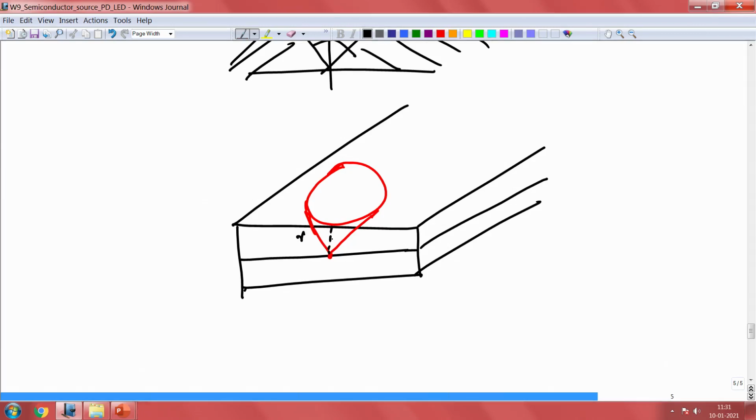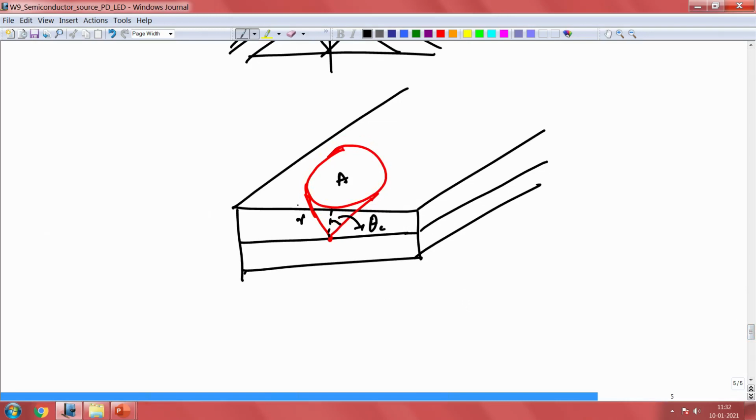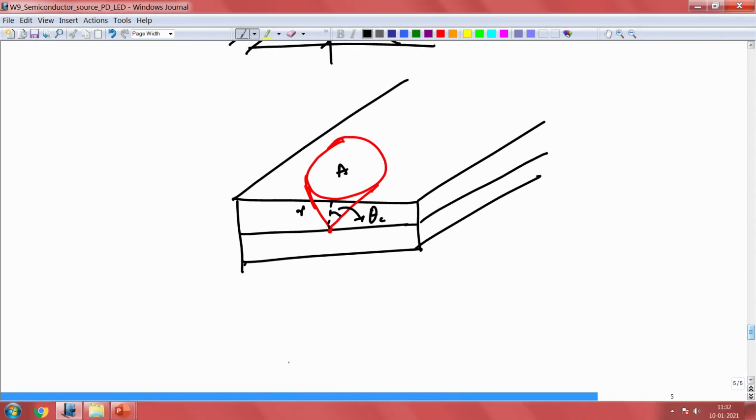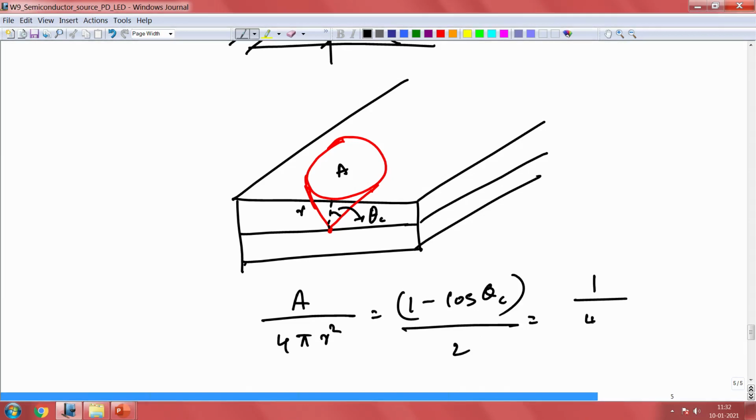This is theta C, and it has area A. So, now for a point source like this, this is our cone that we have, and the fraction of light that lies within this escape cone from a point source is given by A over 4 pi r squared, where r is the radius that we have, which is equal to (1 minus cos theta c) divided by 2. In other words, 1 by 4 n squared is how we could calculate this.